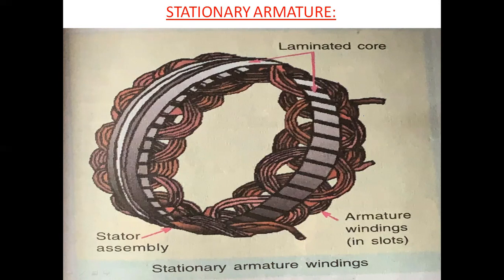And there is no risk of short circuit current, and high centrifugal forces can be brought into play also. So these are the 4 advantages offered by the stationary armature. Now we will go into the construction.